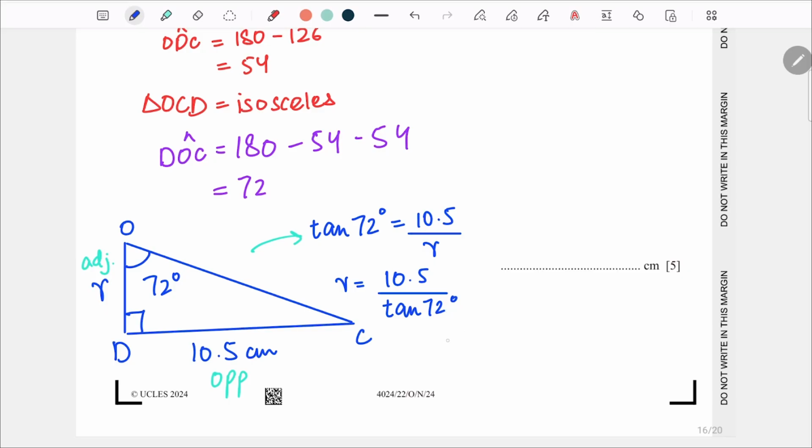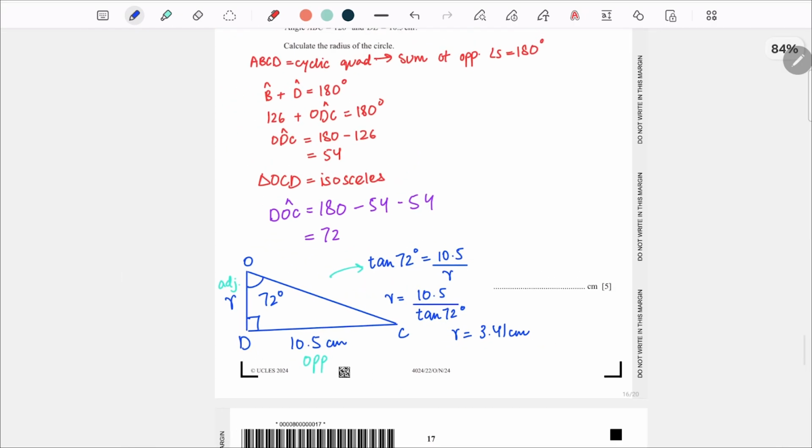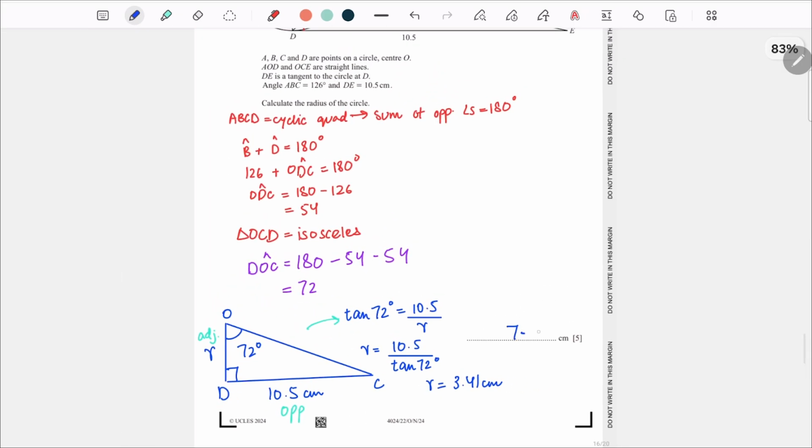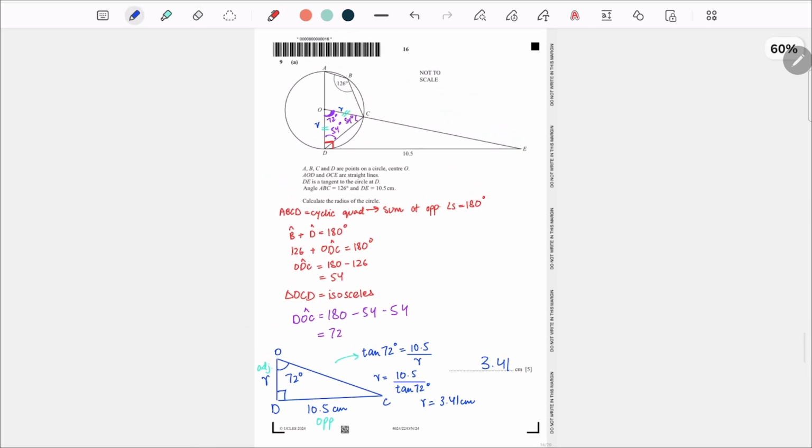When I put this in the calculator, radius will be equal to 3.41 centimeters. So this is my radius, 3.41 centimeters.